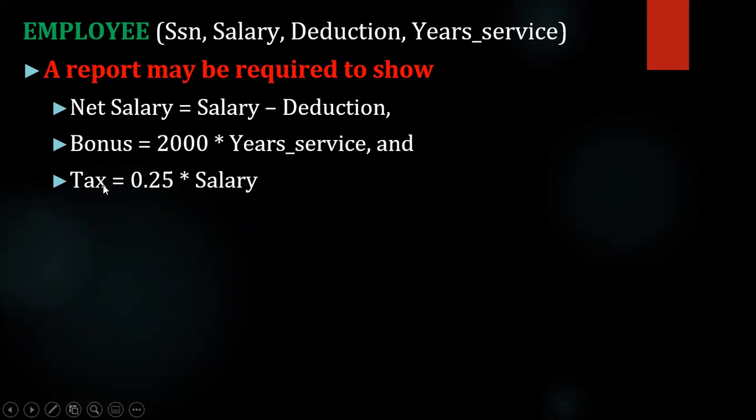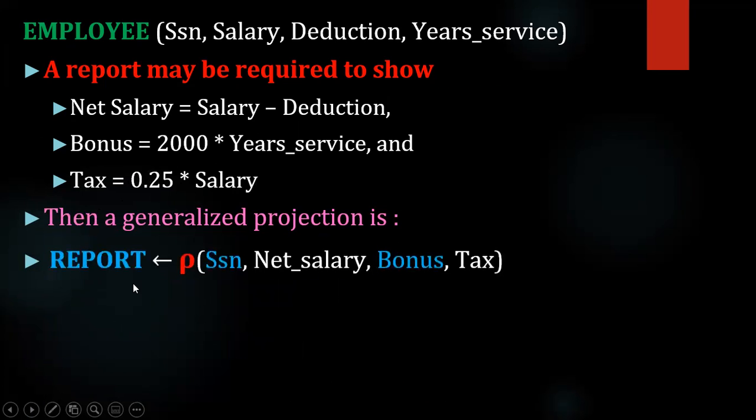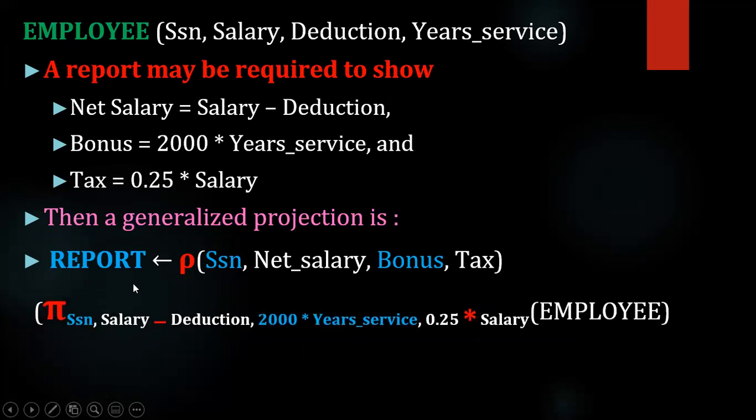To add the tax, the tax column is not available in the employee table. The salary column is available. Apply a mathematical operation on salary. Again, that is a generalized column, tax. So like this, the existing columns can be modified with the help of mathematical operations, and we can get new columns according to the client requirement during the generation of the report. So it can be done like this.